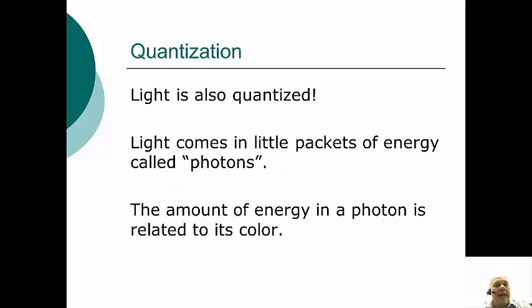Light comes in little packets of energy called photons. And the amount of energy in a photon is related to its color. And so if you're a 600 nanometer orange photon, you have a well-defined amount of energy, and you can't be hotter or colder than any other 600 nanometer photon.